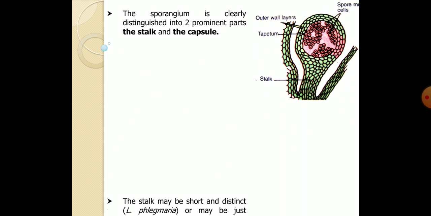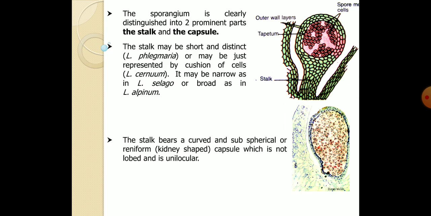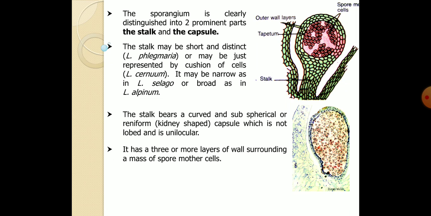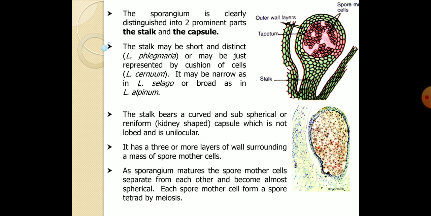This is the structure of the sporangium. It consists of the stalk, the outermost walls, the tapetum and the central spores. The stalk bears the curved, cleft, reniform, that means kidney-shaped, sporangium, usually unilocular in nature, with three or more layers in the outer wall, and the spore mother cells are present.